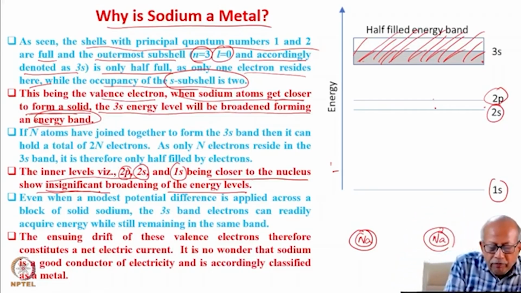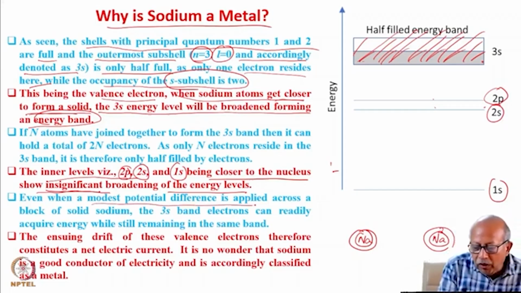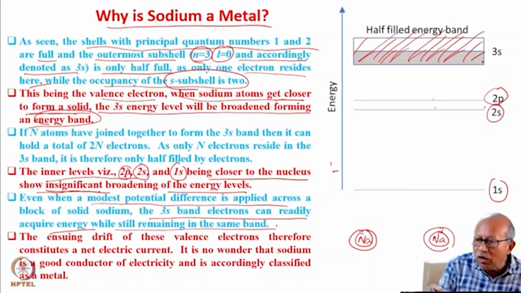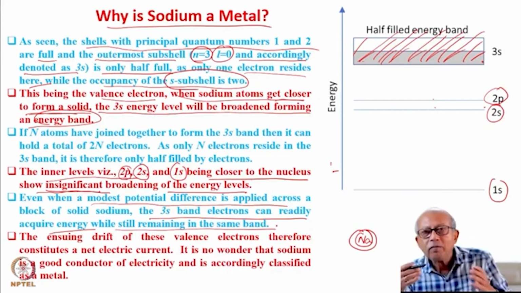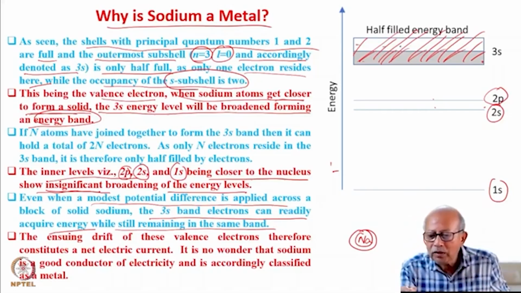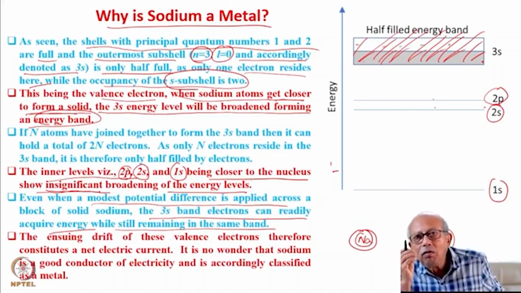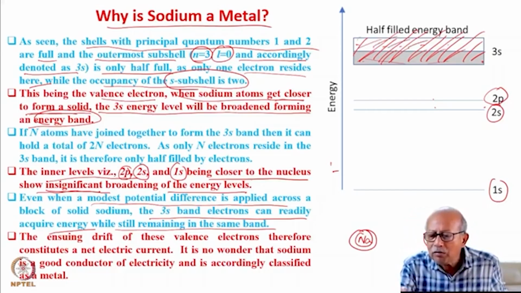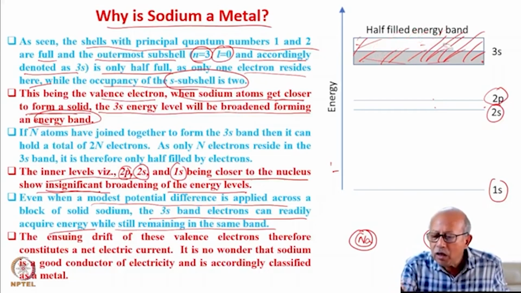Even when a modest potential difference is therefore applied across a block of sodium, the 3s band electrons can readily acquire energy while still remaining in the same band, because it can actually move within this band, even with a very little energy, because it stays within the same band, and it is half empty.